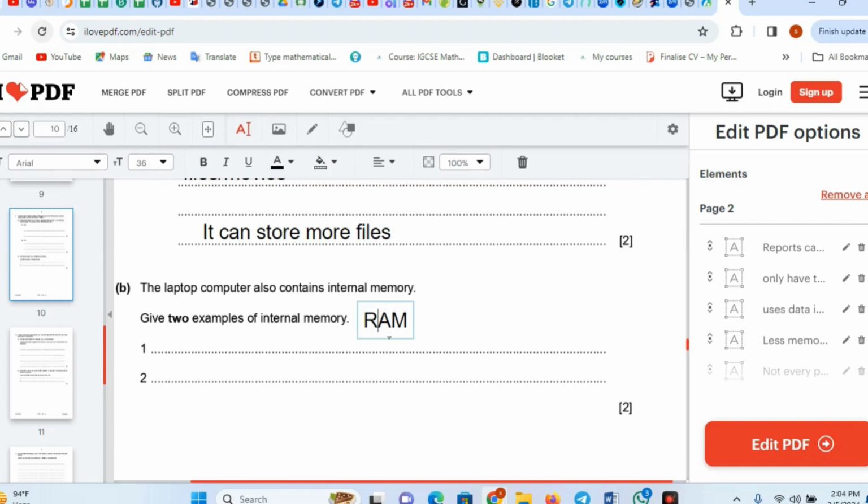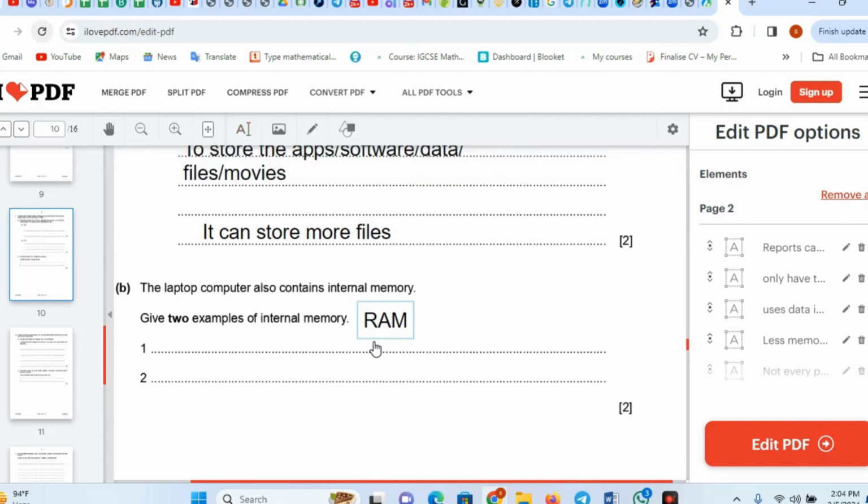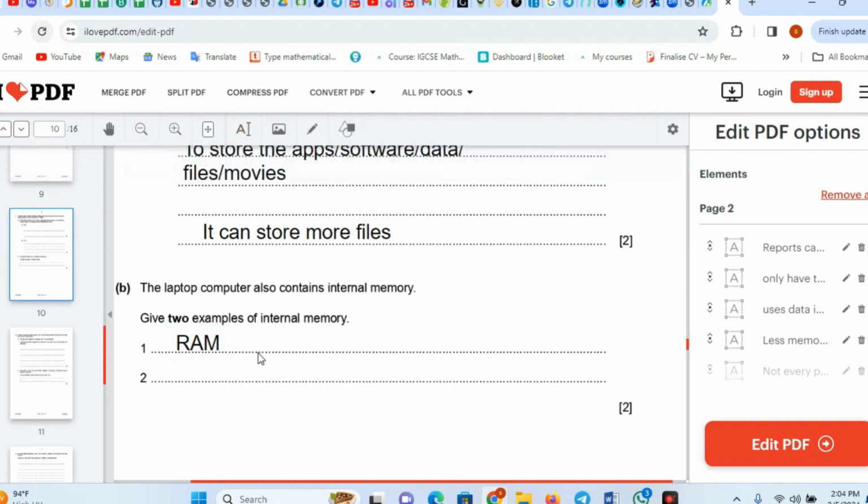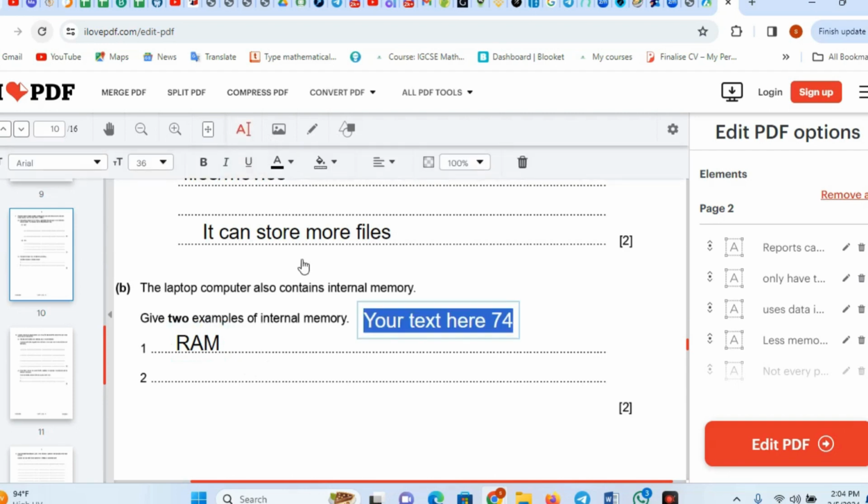You also have ROM, read-only memory. Those are 2 examples of internal memory.